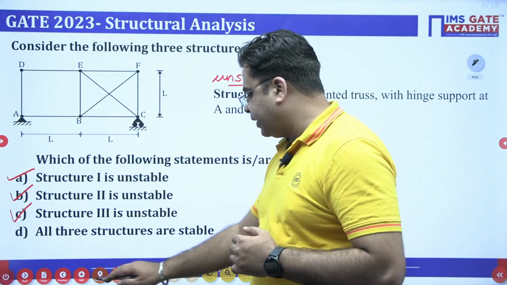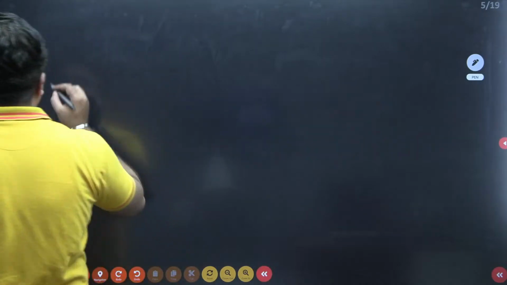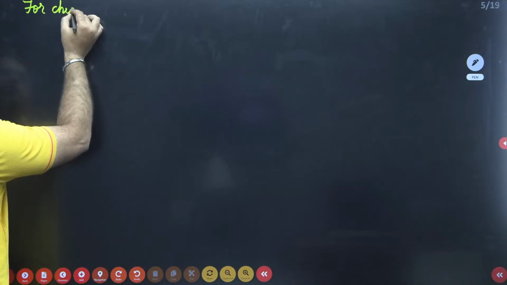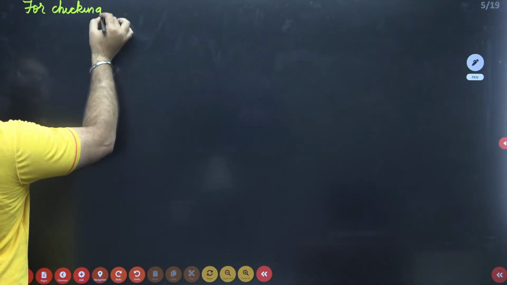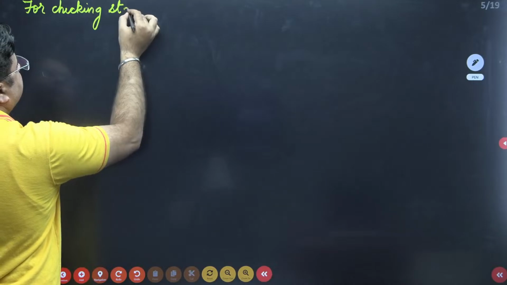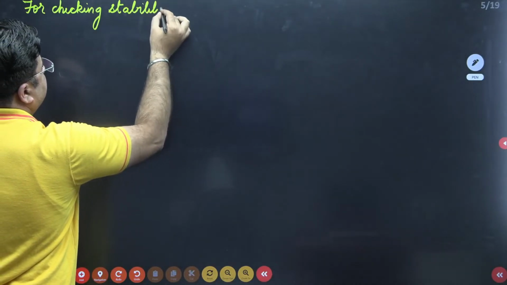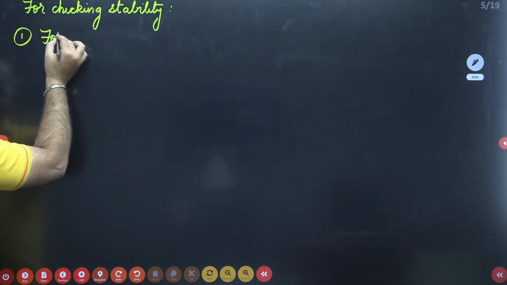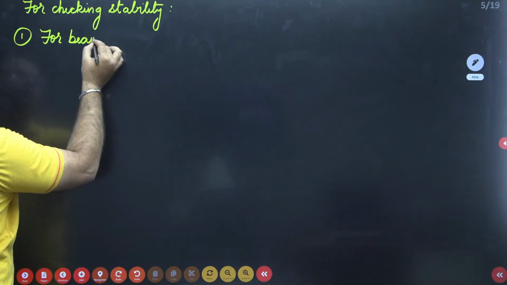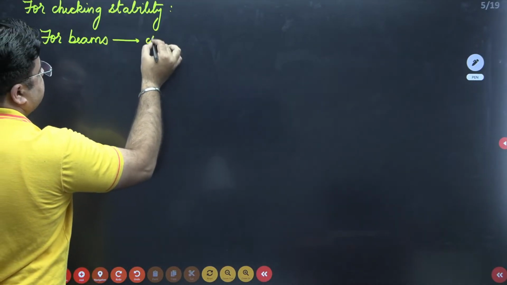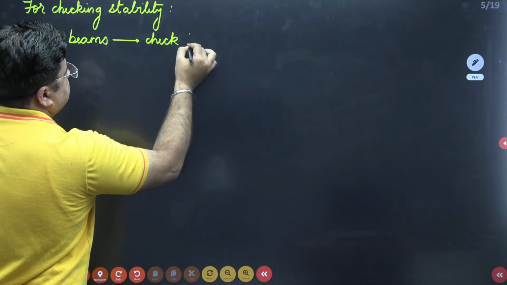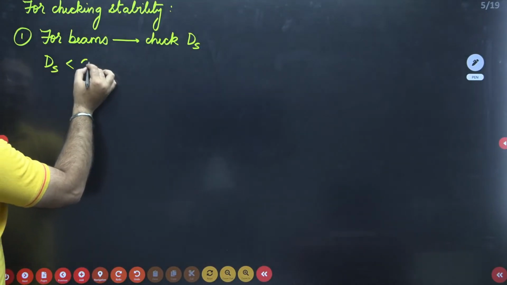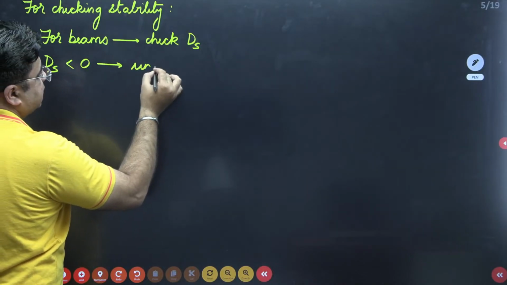So if I just summarize this entire thing, I will write, for checking stability, first one for beams, check using DS. If DS is less than 0, then your structure is an unstable structure.